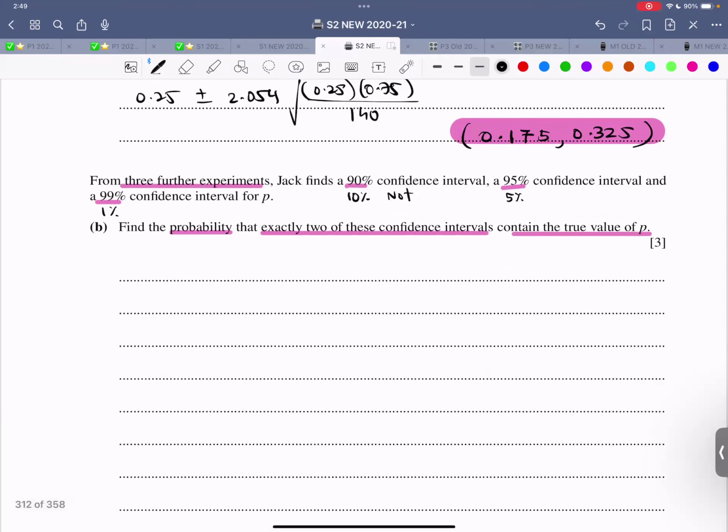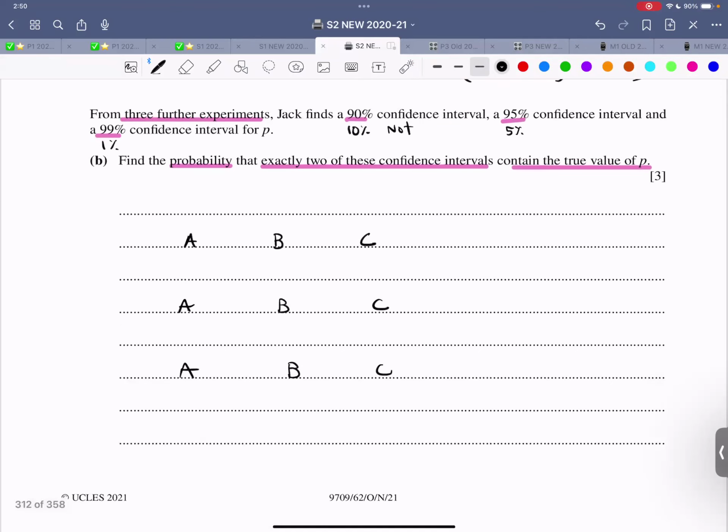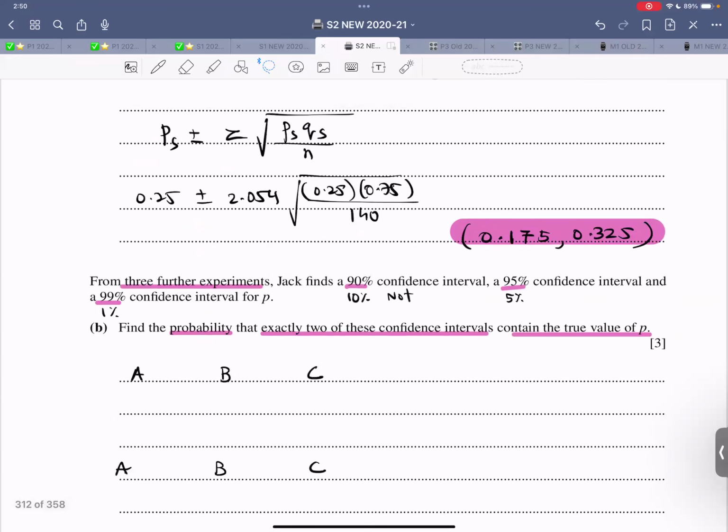So now let me write 3 scenarios. That is A, that is B, that is C. Let me write down the options ABC, ABC, ABC, spacing it out so I can write comfortably.